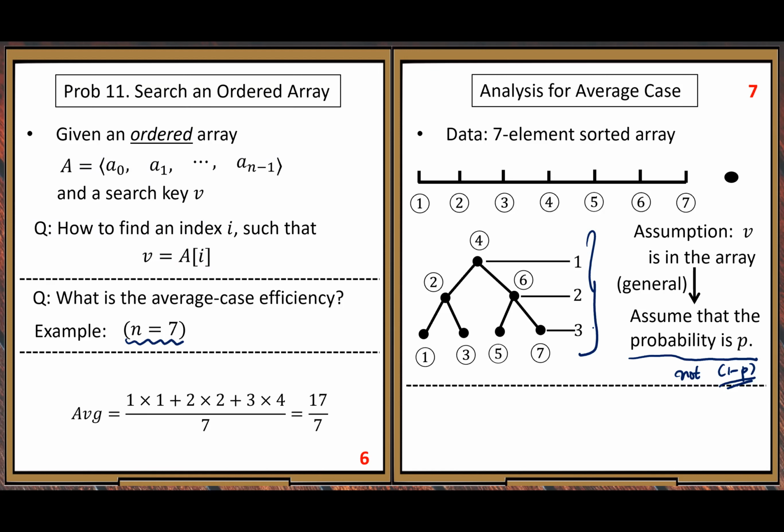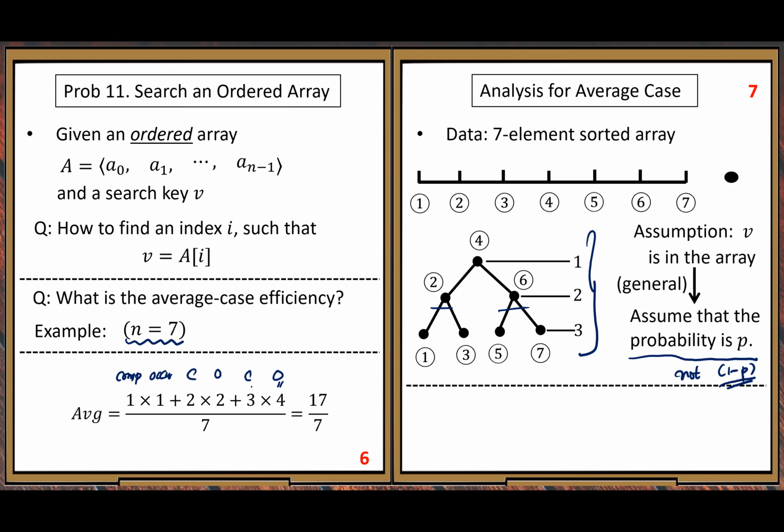Now let us write the average formula. The first number represents the number of comparisons, the second number means occurrence. 1 comparison appears only once, so occurrence is 1. 2 comparisons, its occurrence is 2, two cases. 3 comparisons, its occurrence is 4.